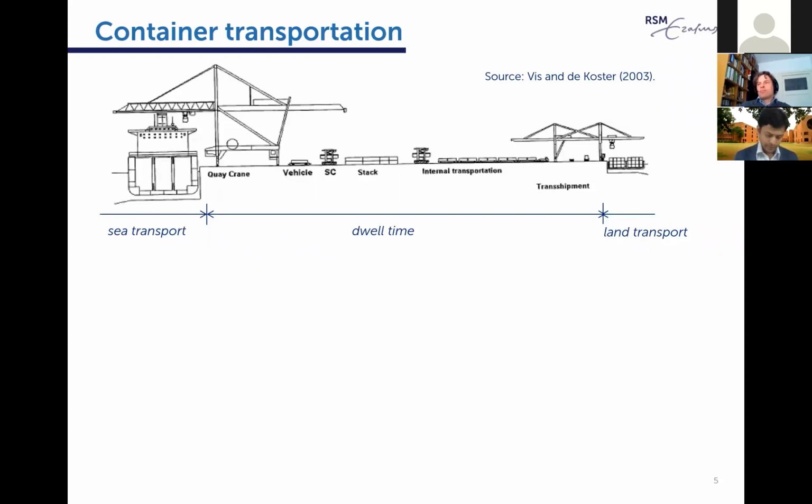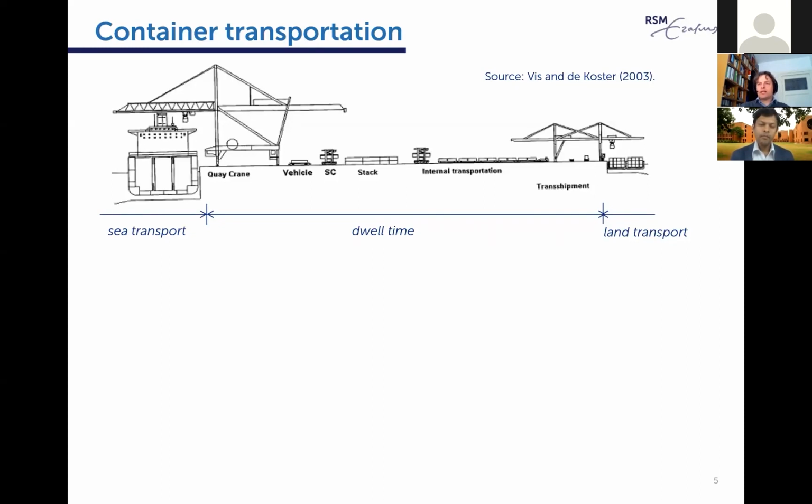So what we will be looking at is container transportation. Obviously, ports play an important role in that as a hub between maritime operations and land operations. Container terminals typically have the role of interfacing between the two.